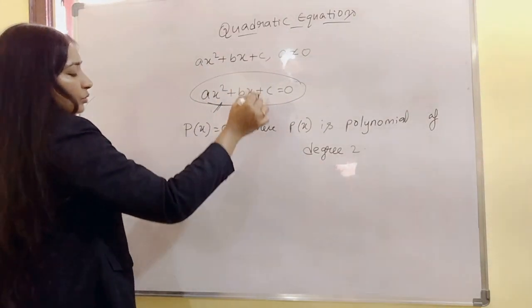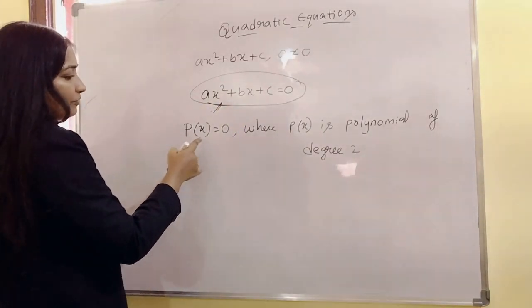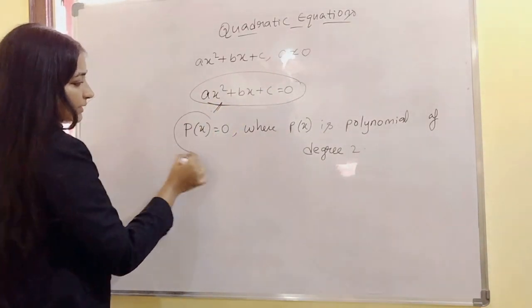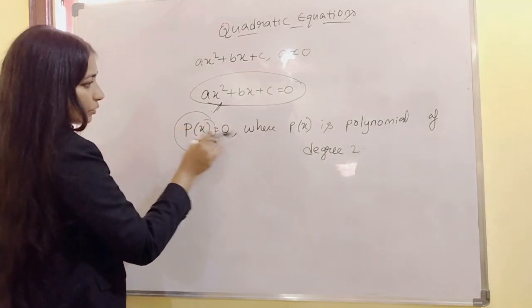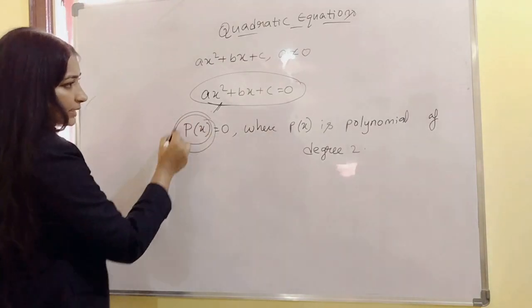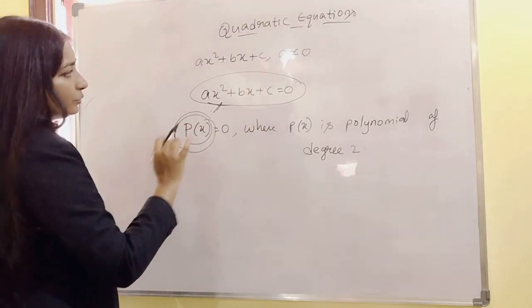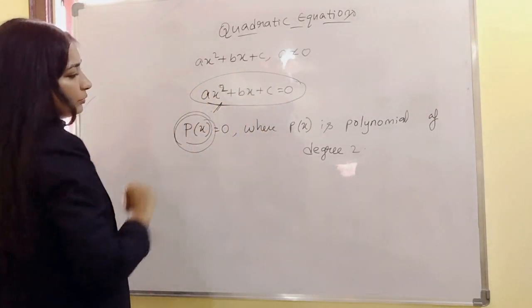So 2 is the highest power of this quadratic equation. So p of x is equal to 0, where p of x is a quadratic polynomial. When we equate a quadratic polynomial to 0, we get the quadratic equation. Is it clear? So p of x is a polynomial of degree 2, so the highest power of a quadratic polynomial is 2.